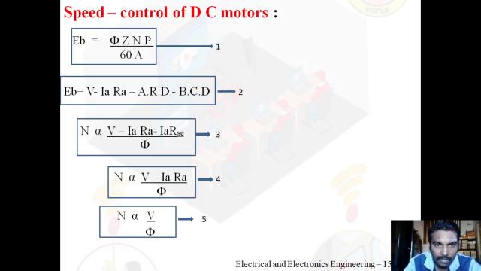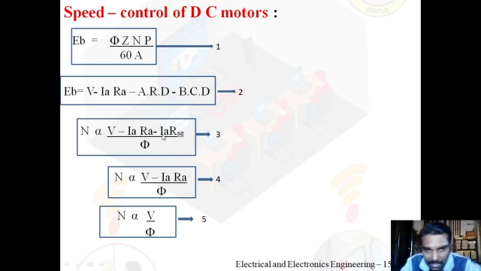So if you observe equation 3, the speed we are trying to vary is directly proportional to V minus IARA minus IARSC. Here the RSC represents the resistance of the series field winding, and IARSC represents the voltage drop in the series field winding.